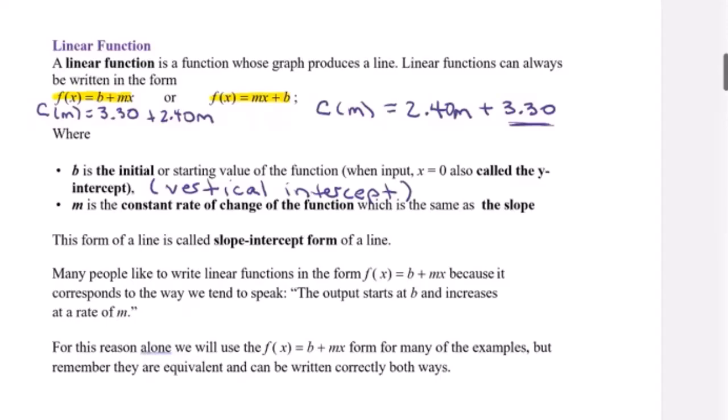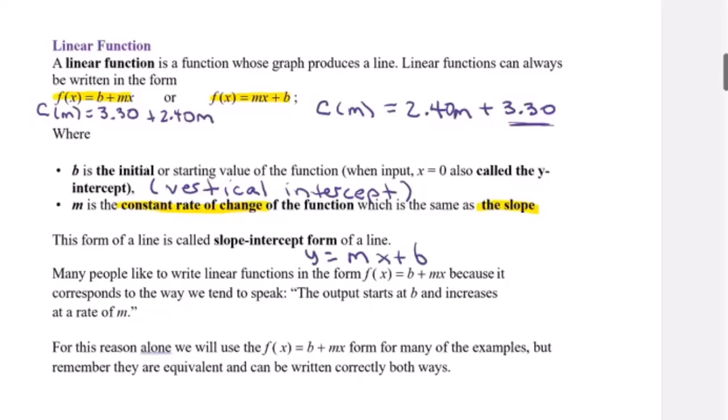So we have the rate of change is the same as the slope. And this form of a line is called slope-intercept form. It's called slope-intercept form because M is our slope and B is our intercept.